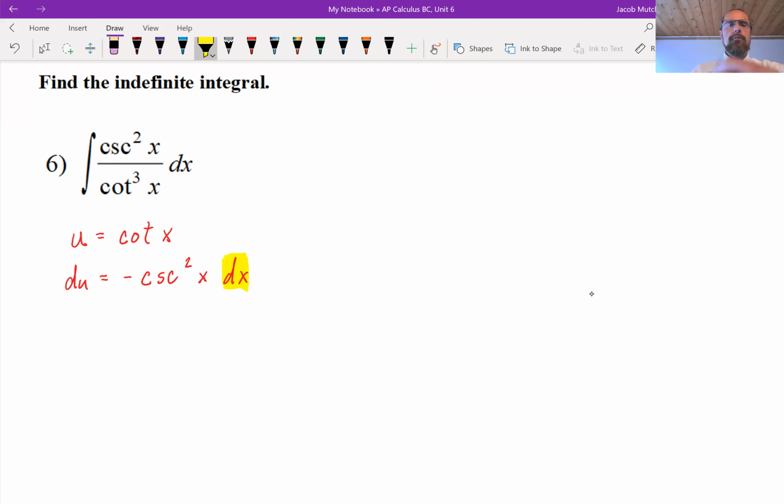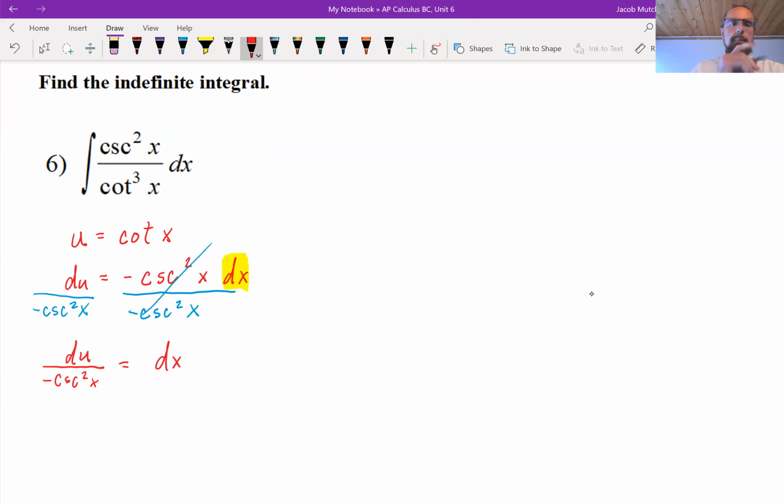So I'm just going to solve for dx here. Dx, if I divide across by negative cosecant squared of x, that'll cancel here on the right. That'll give me another way of defining dx. And in fact, it's going to be convenient for this problem to do it in this manner. It's going to create a nice cancellation for us. So I'll write that. That's how we're defining dx.